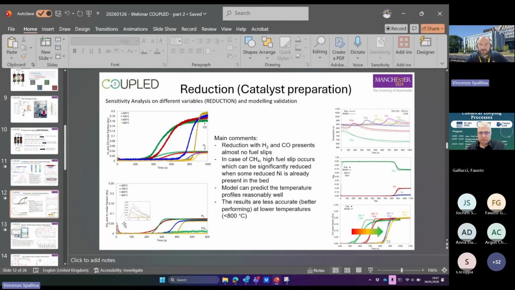But it's true, reduction and reforming can occur at the same time. The only point is that from the outlet perspective, you will get two different gas compositions. The first is a CO2-rich stream that will have to go for CO2 separation, purification, and whatever usage will be done later on, either storage or utilization, while the second is a syngas, and that's the important output of the process.